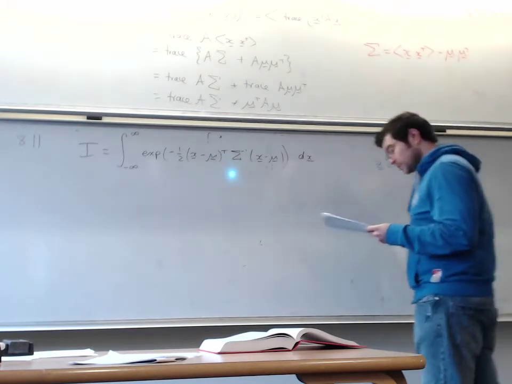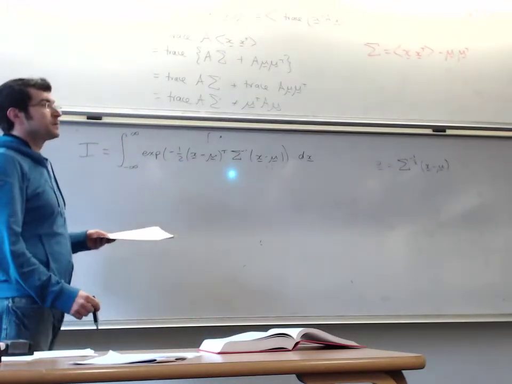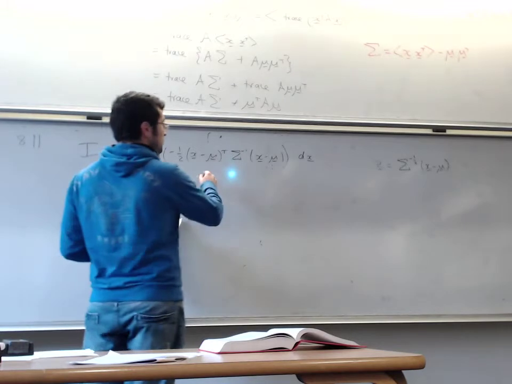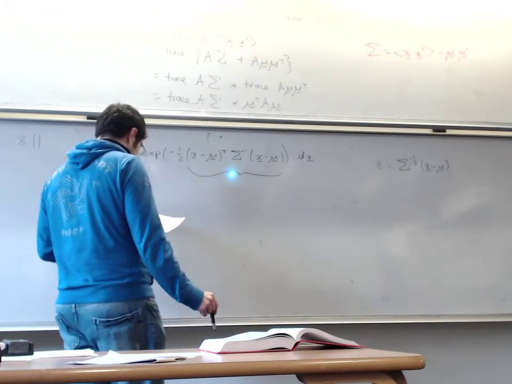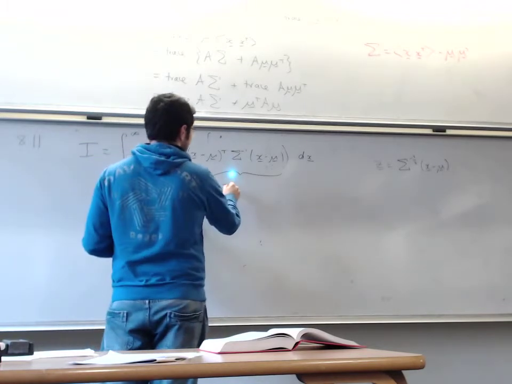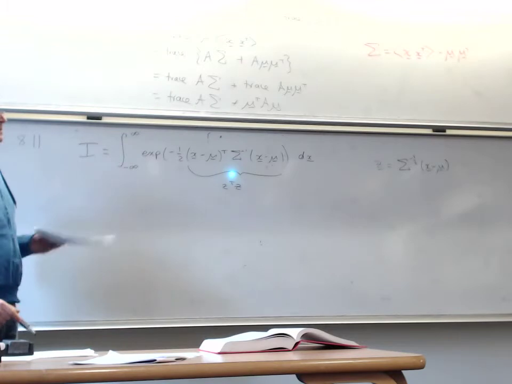And of course the reason we're interested in this thing is because it allows us to turn this quadratic form into z transpose z. So that's why we're interested in this transformation.